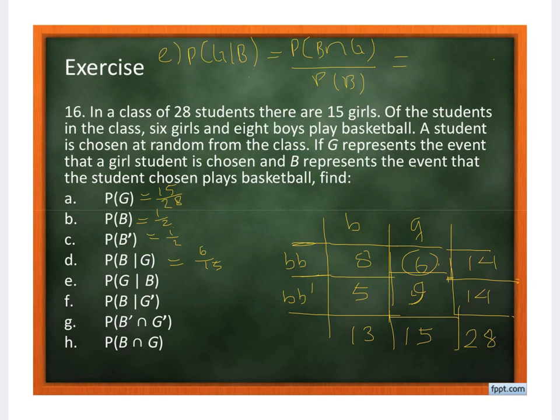B is playing basketball. So 6 over 14, which is 3 over 7.